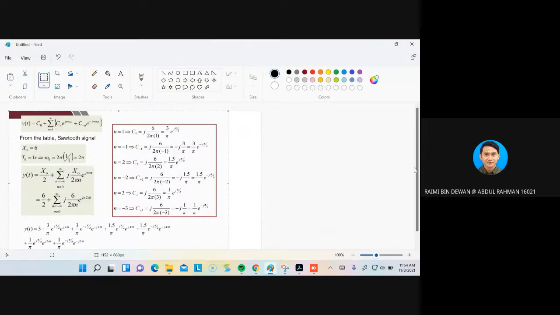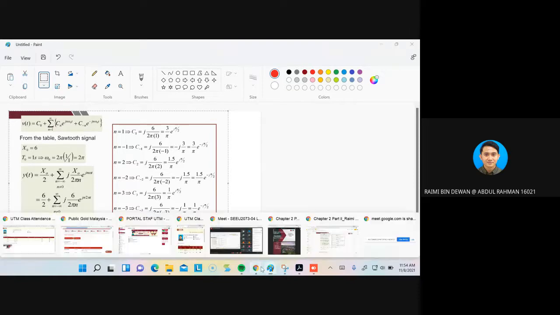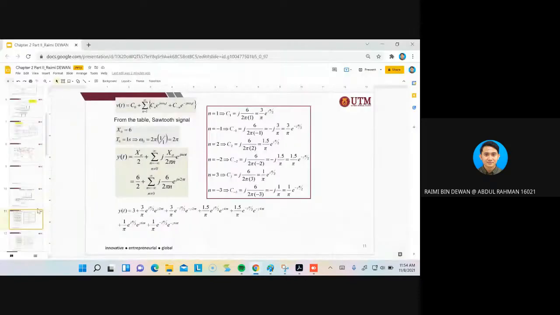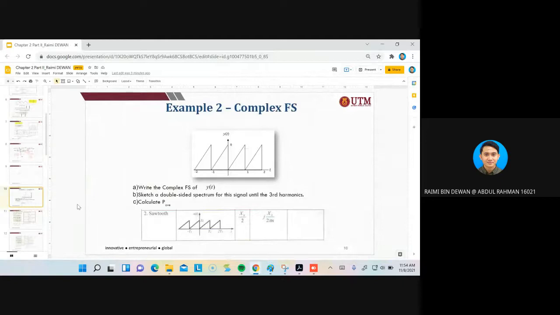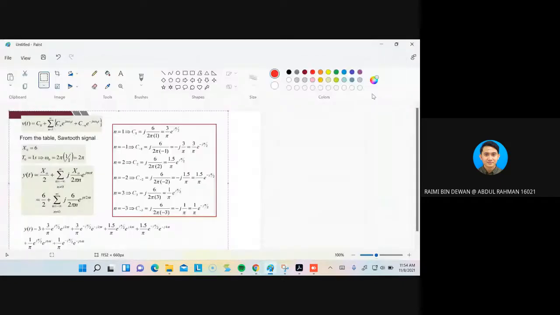Okay, so if you notice, we have j here. What is the question just now? Sketch up to the third harmonic. Up to the third harmonic means until n equals 3.